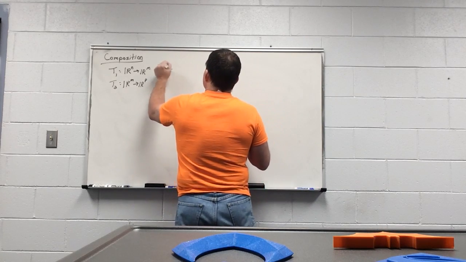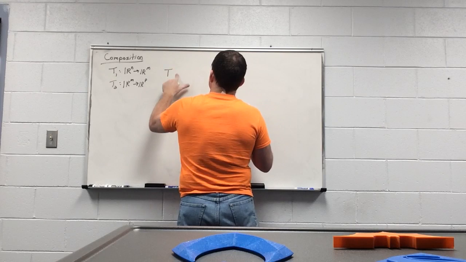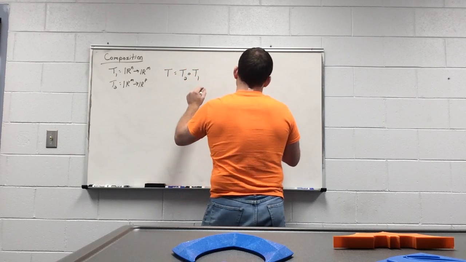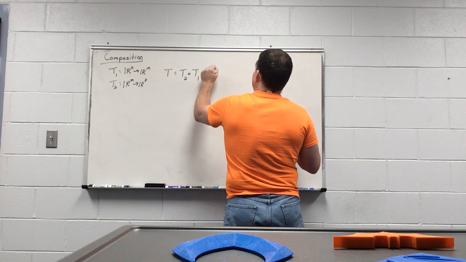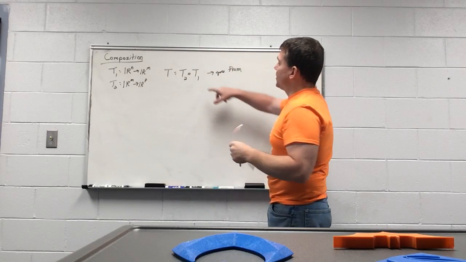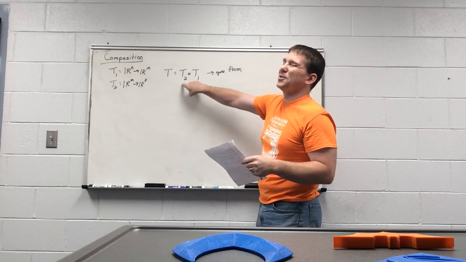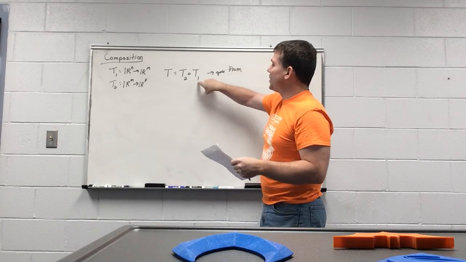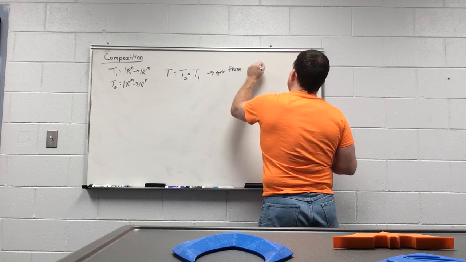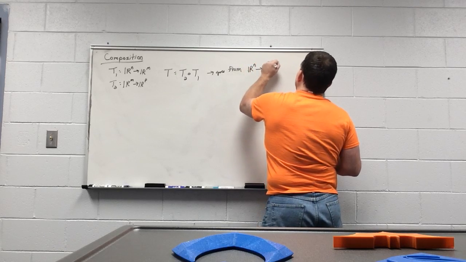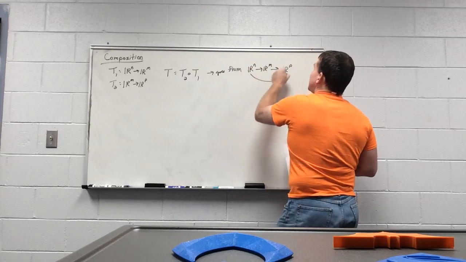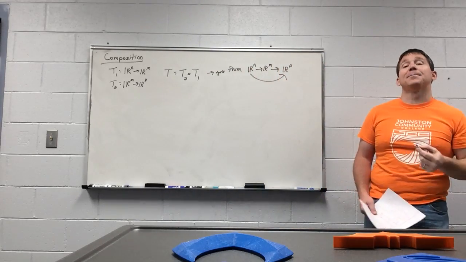Given that, we define T as the composition T2 composed with T sub 1. I apply this one first, then that one. So I do T1 first, so it starts in Rn, which then sends it to Rm, and then T2 sends Rm to Rp. So the composition goes Rn to Rp.